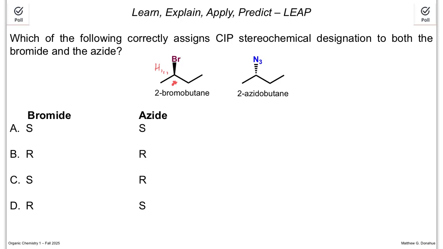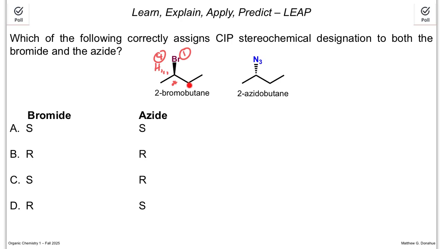When we assign priorities, remember we look at the directly attached atoms. So bromine will be priority 1, hydrogen priority 4. The remaining carbon and carbon, since they're equal, we have to consider all 3 things bonded to it.